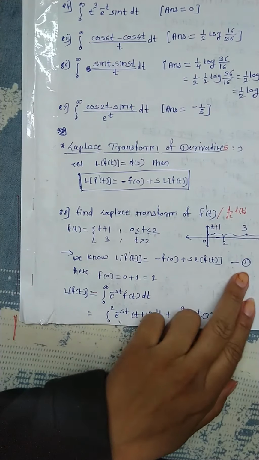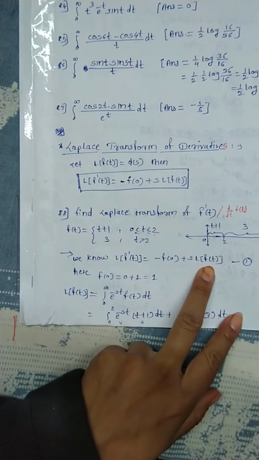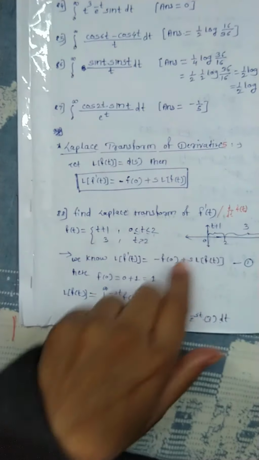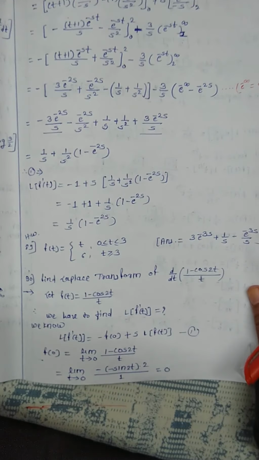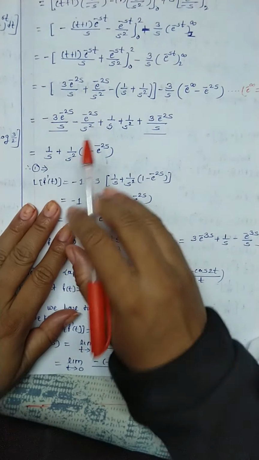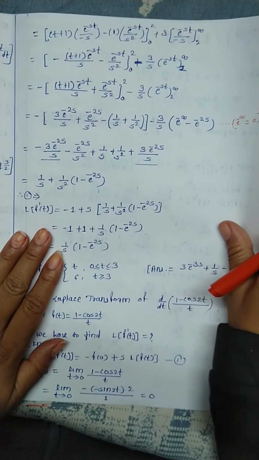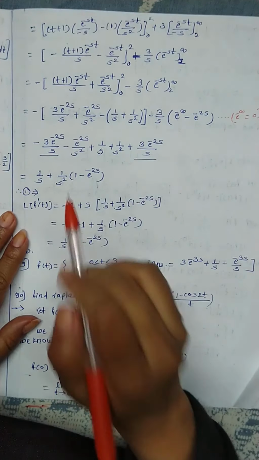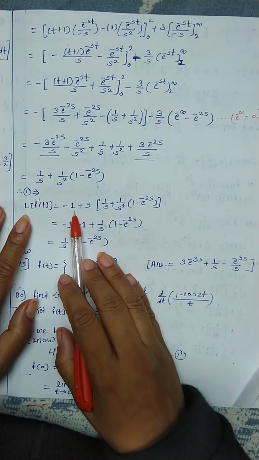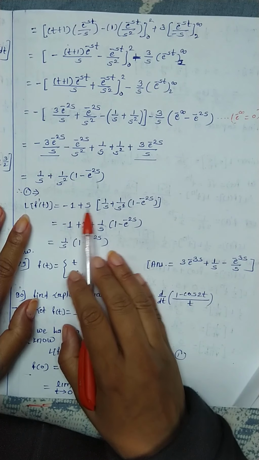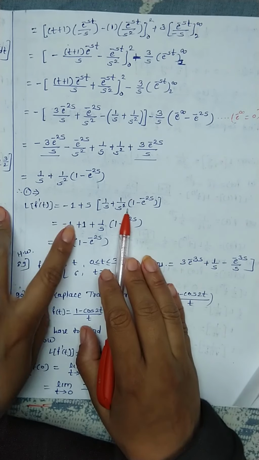Now our original formula is this. That's why put these two values, f of 0 and L of f t, in this equation. What we get? Answer for our question, therefore from equation number 1, L of f dash t, that is Laplace transform of derivative of f t, is equal to minus 1, that is value of f of 0, plus s into this L of f t as it is.